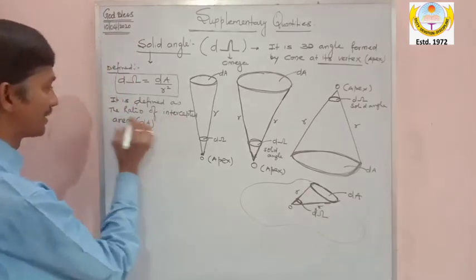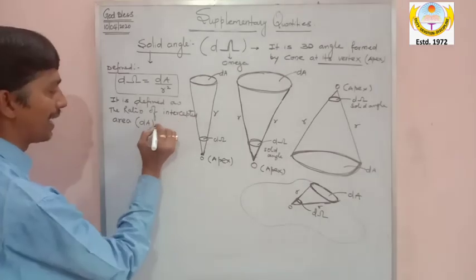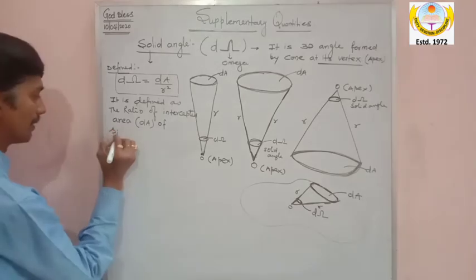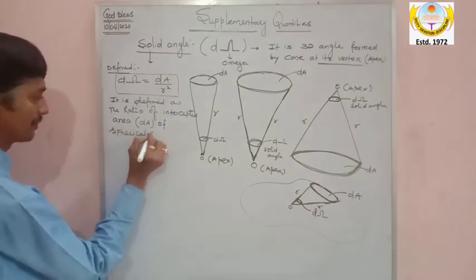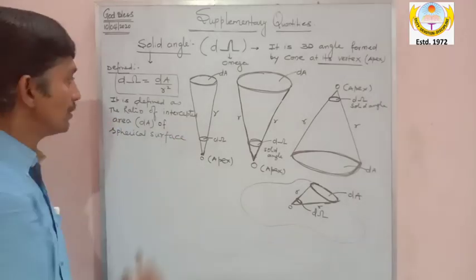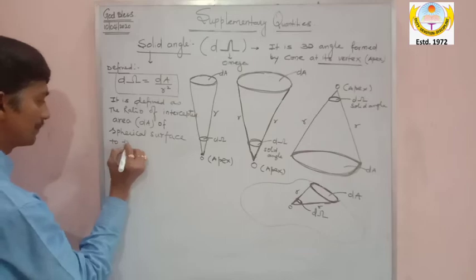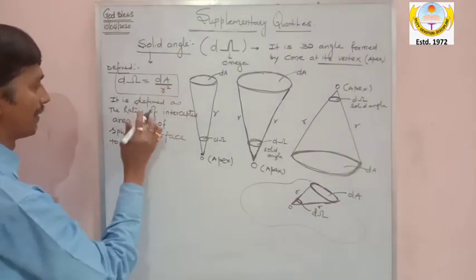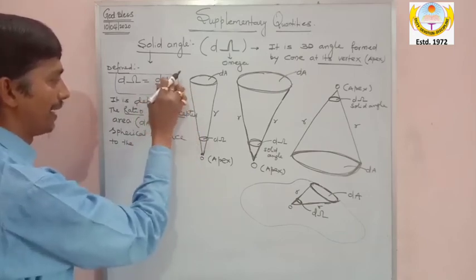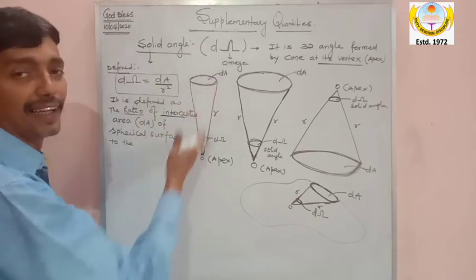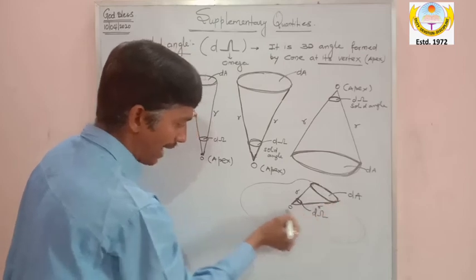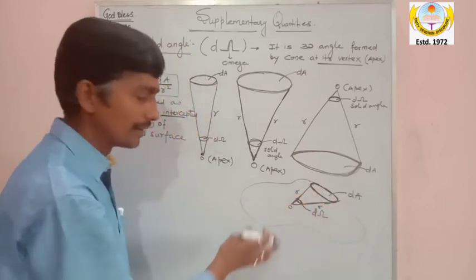So here it is defined as the ratio of the intercepted area dA of the spherical surface to the square of the radius. I have written ratio. In the previous topic I told you ratio, then numerator. What is the numerator? Area, so the intercepted area. Here the area is this much. If I had taken a longer area, the angle would be larger.